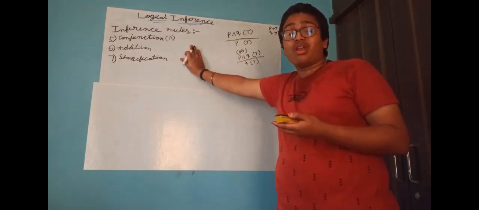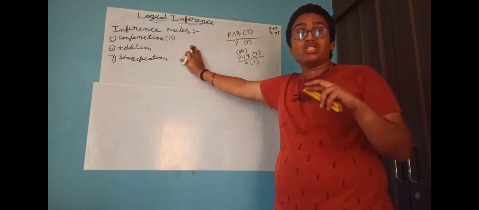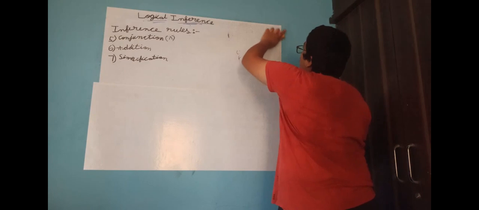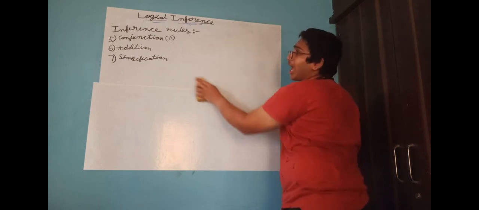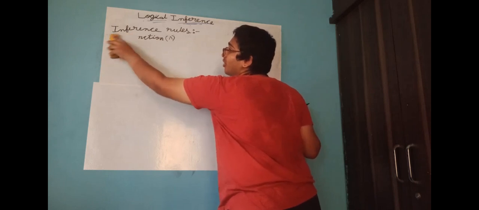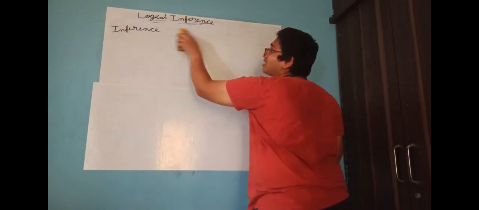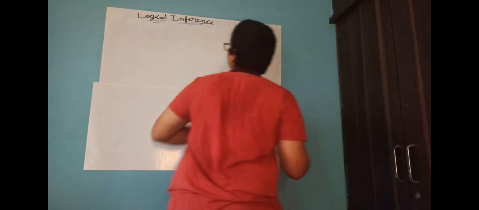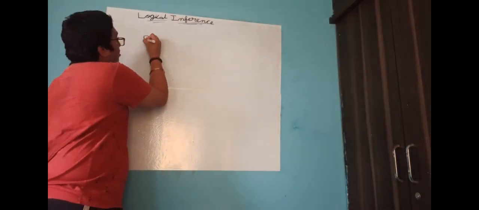Now, to solve inference problems we need to know the difference between rule P and rule T. Rule P and rule T are used to solve problems using inference, meaning deriving a conclusion using the inference rules. First, what is rule P?